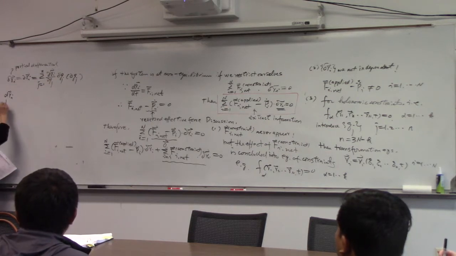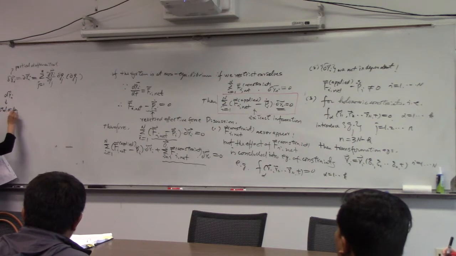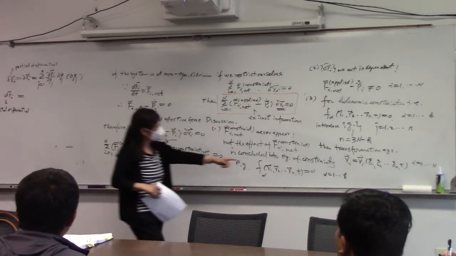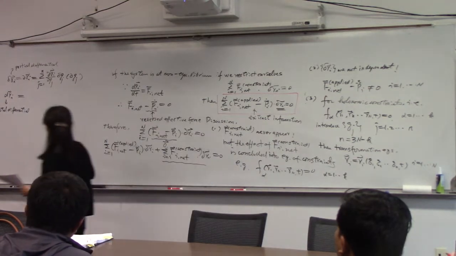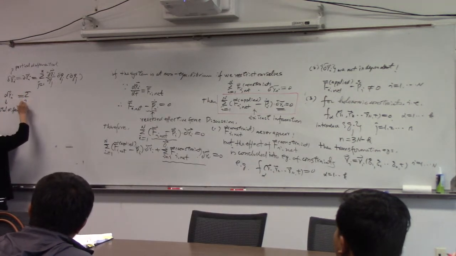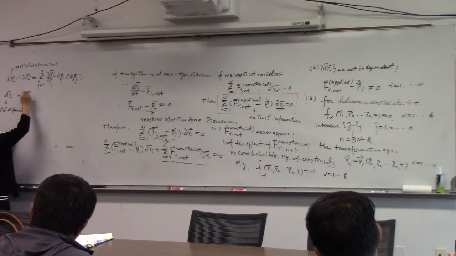This is the total differential, right? The total differential should be the total change with each variable change. So that's first the change of the general coordinates.